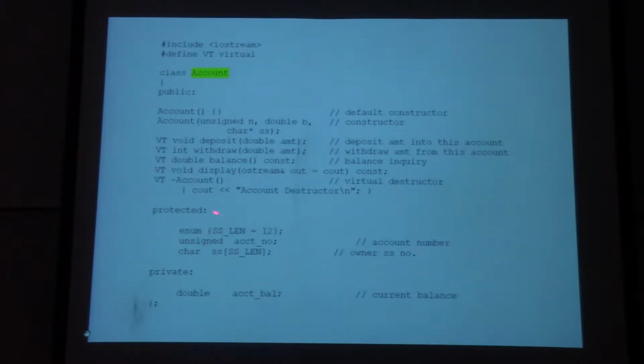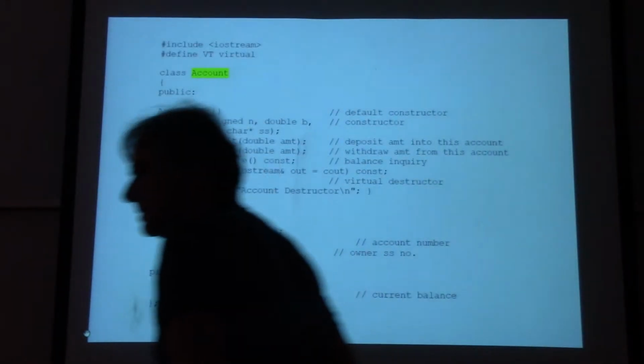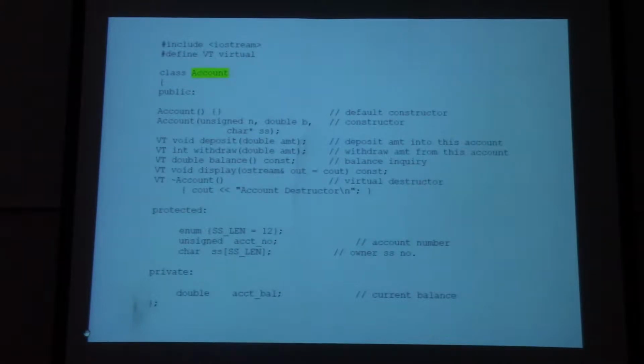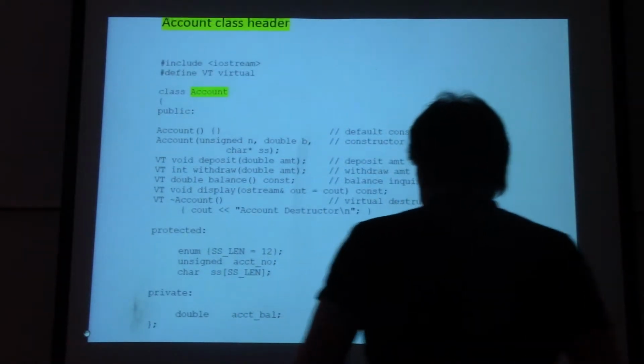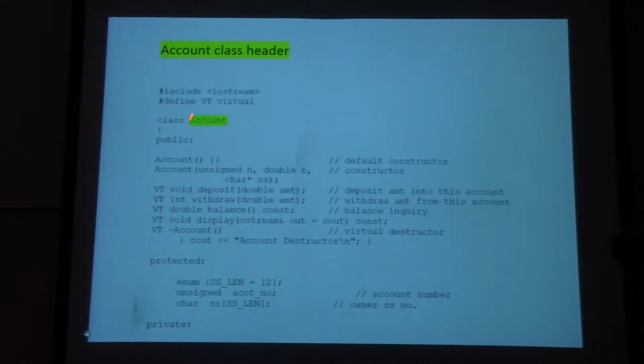Why did I make some properties protected and some properties private? Why would I do that? Why would I want to make some properties protected? Inheritance. Because I'm planning for inheritance. Because if I have a subclass of account, it will view protected like what?